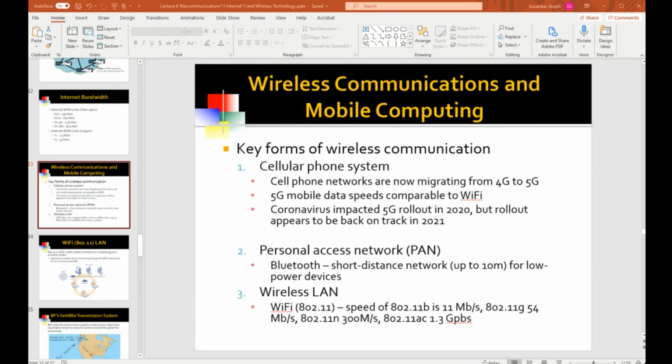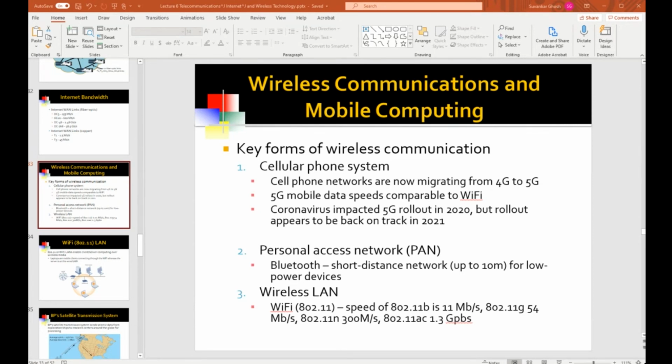If you look at Wi-Fi, Wi-Fi has been evolving over several decades. Actually, Wi-Fi was there when I entered industry back in 1993, and the Wi-Fi speeds were really less than 1 megabit per second at that time. So we have come a very long way with Wi-Fi.